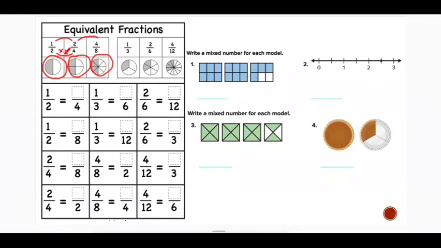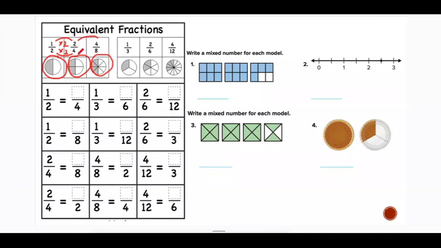If I multiply the numerator by the same number, 1 times 2, the answer is 2. So whatever operation I do in the numerator, I will do the same operation in the denominator. If we get the same answer, then the fractions are equivalent to each other.